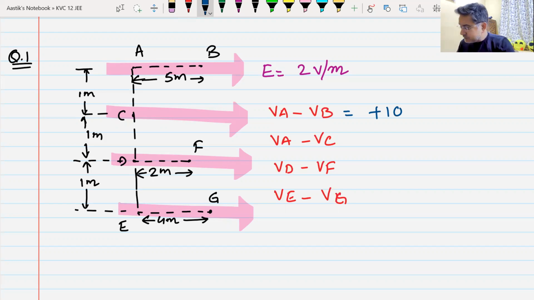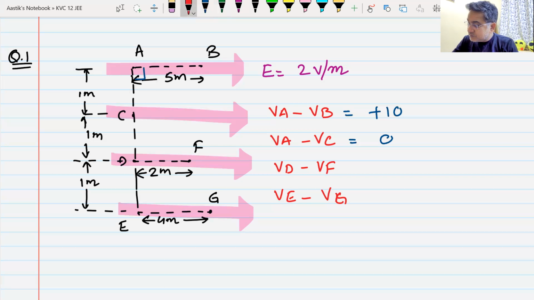Is equal to VC, sir. Between A and C, what is the potential difference? Answer is 0. When you are going from A to C, I am moving perpendicular.